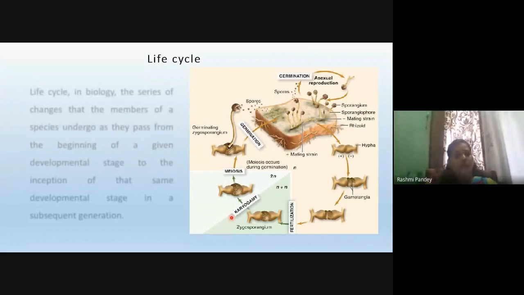So now we have to come to the next topic, that is life cycle. Now what can we call a life cycle? Here you can see there is a picture showing different stages of the bread mold.